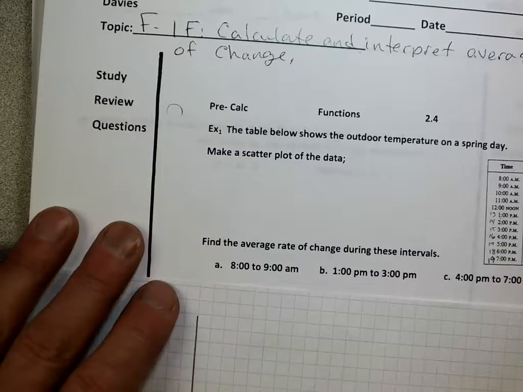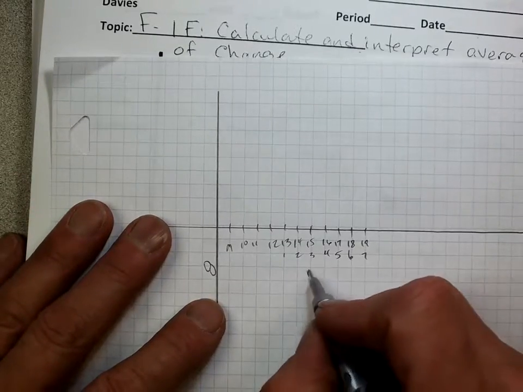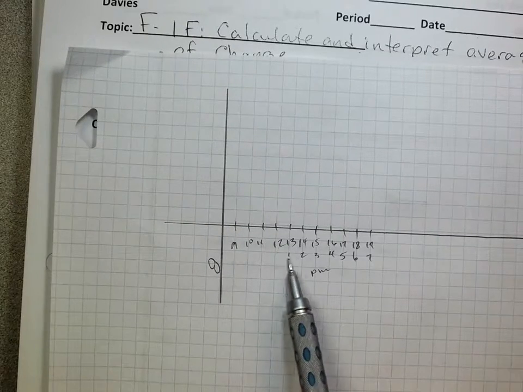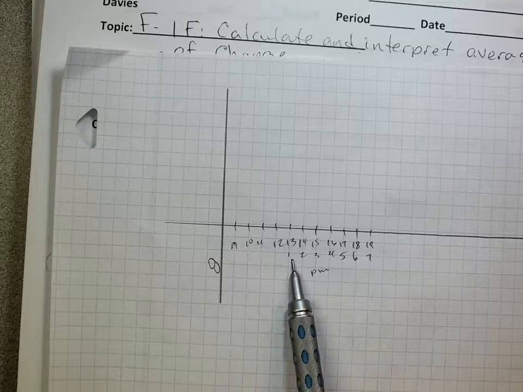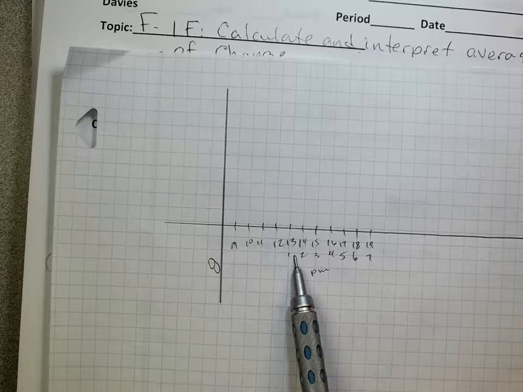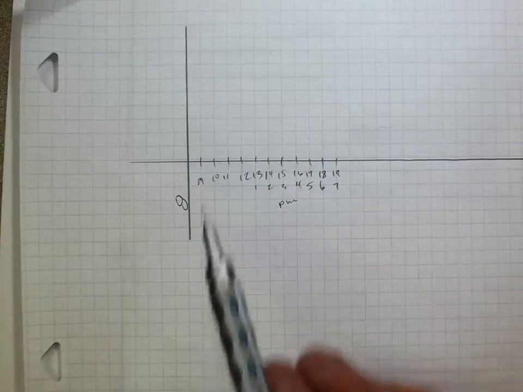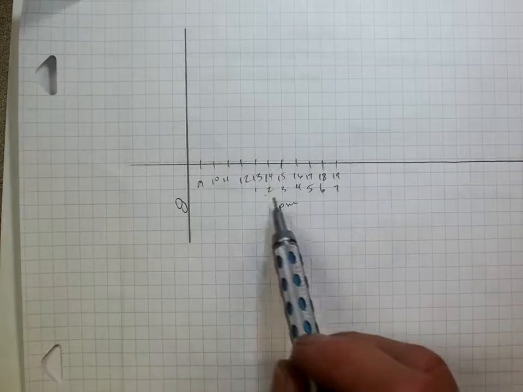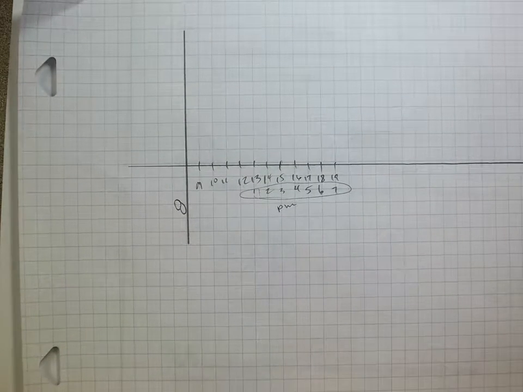I think that's all the further I have to go to 7 p.m. It doesn't make sense on any number line to go 9, 10, 11, 12, 1. It's because we're going from AM to PM, so instead I just went 13, 14, 15. But I put the PM numbers down below on my axis so you can see it.